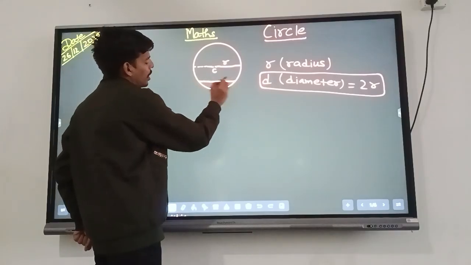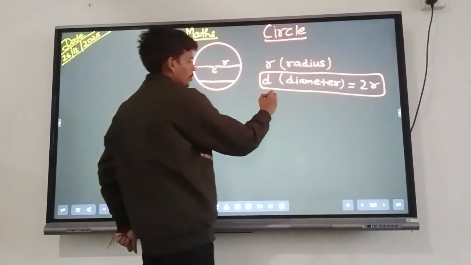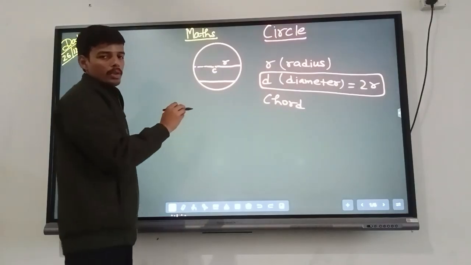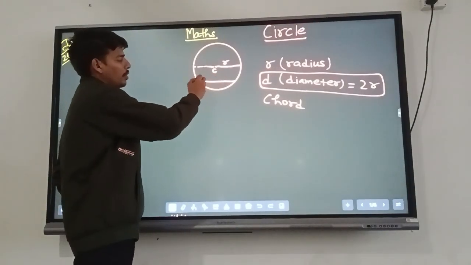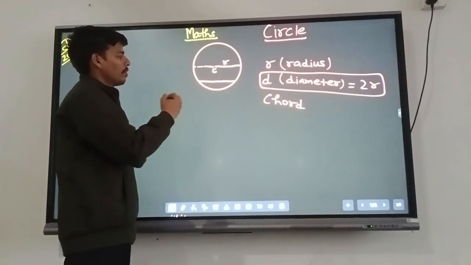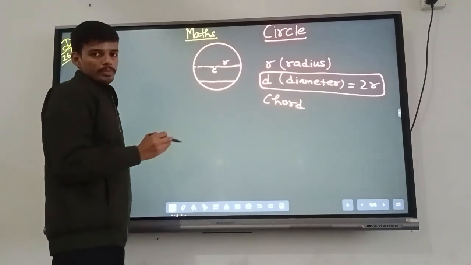This line is known as chord. Chord is the line that joins two points of the circumference. There is a difference between diameter and chord.